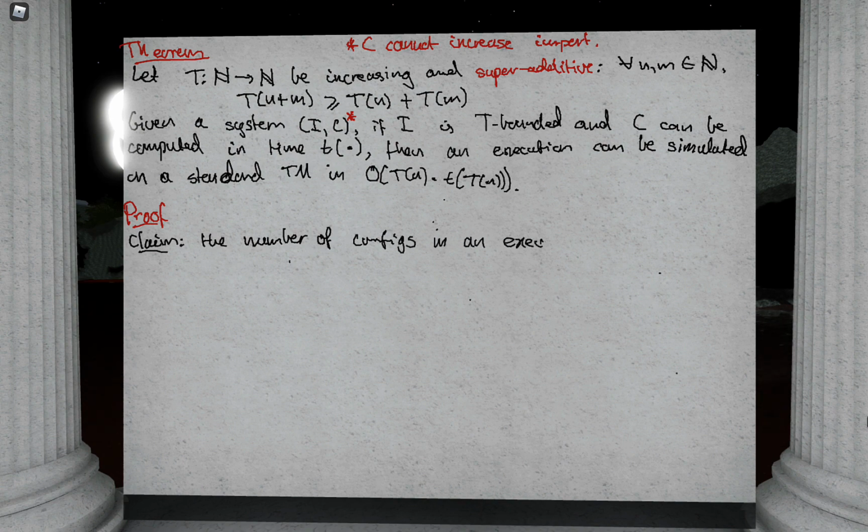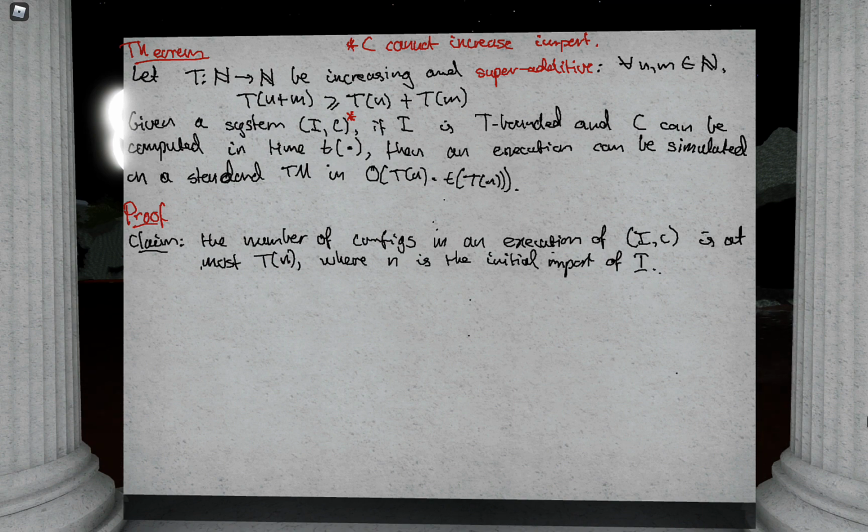And this is going to justify that our definition of T-bounded makes sense. The machine starts with some input, it can give it out by sending messages, and that uses up its own input.